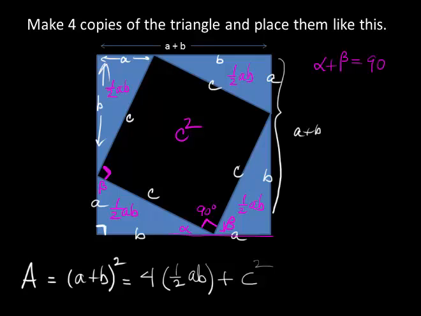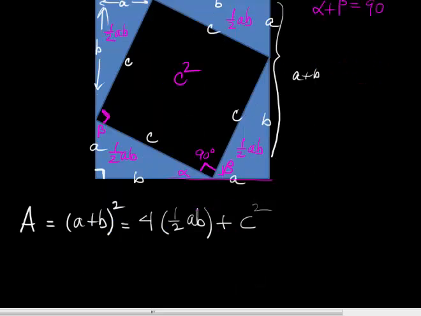So this is saying that the area of the whole square, a plus b, the quantity squared, using the formula for area of a square, is equal to the sum of the areas of the 5 parts, 4 copies of the right triangle and the square in the middle.